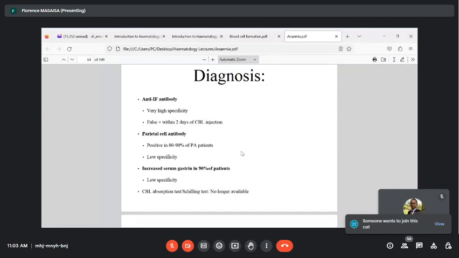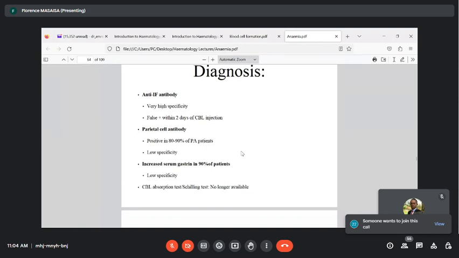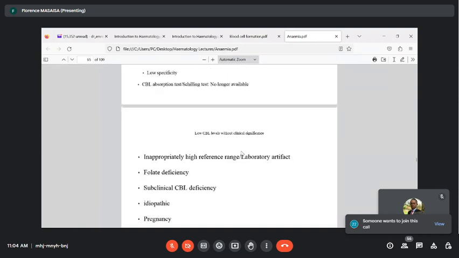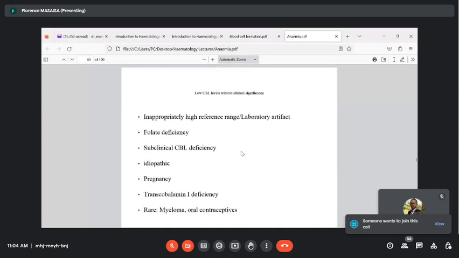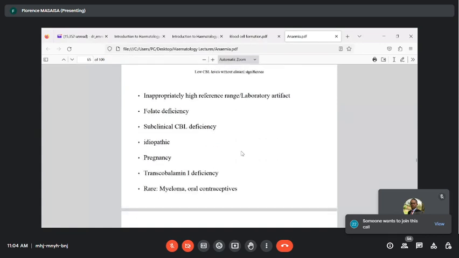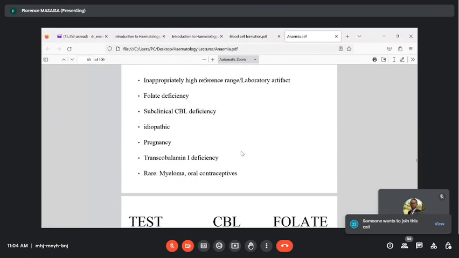You may also measure the parietal cell antibodies, which will be positive in 80 to 90% of patients. It has low specificity, but there will also be increased gastrin secretion. So again, it's among the key things to measure when you suspect pernicious anemia.